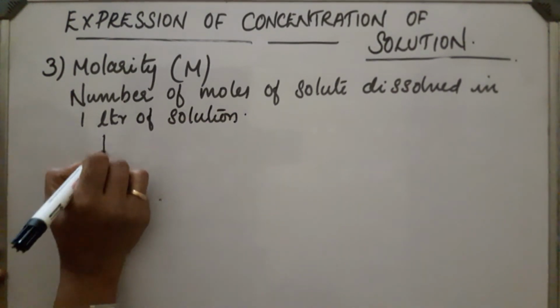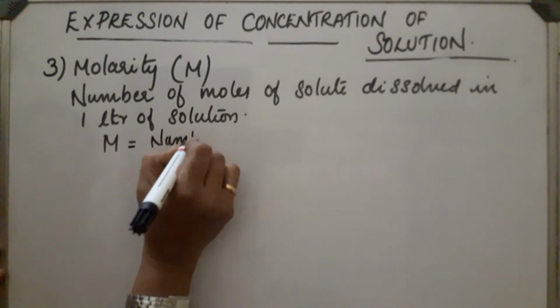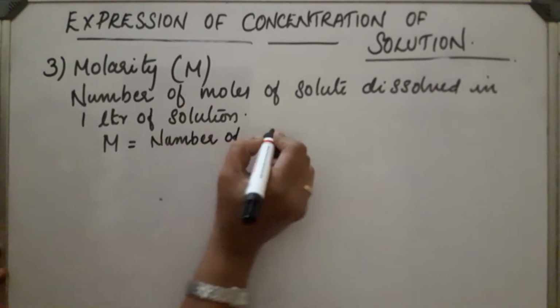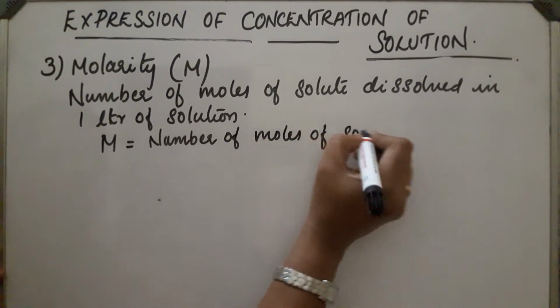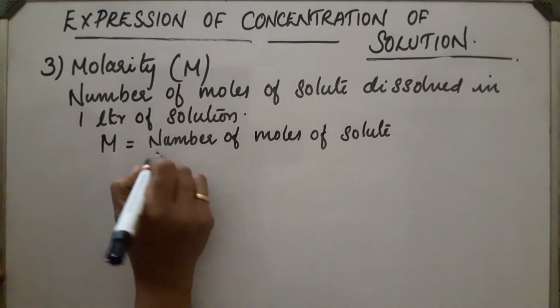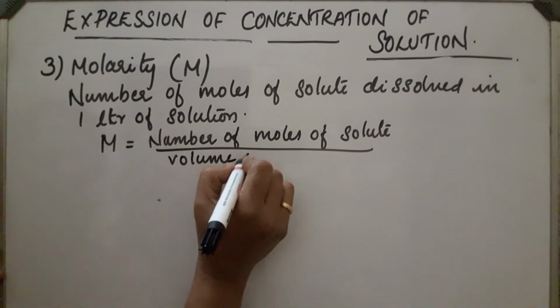It can be expressed like this: M is equal to the number of moles of solute by the volume of solution in liter.